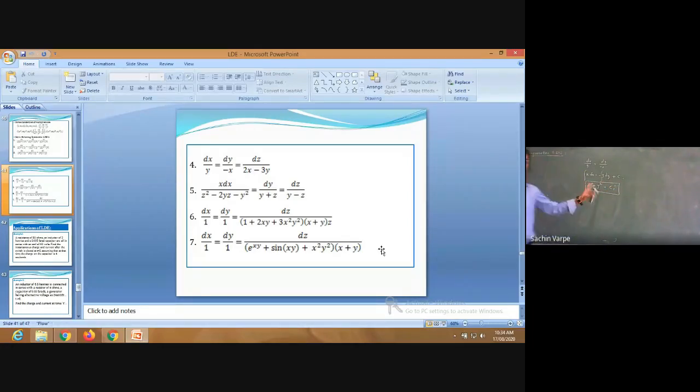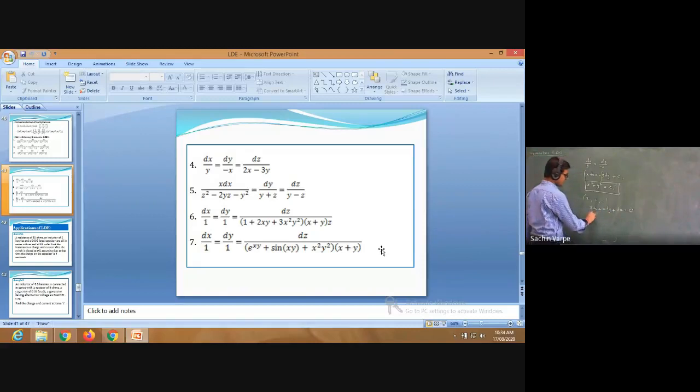Is it okay? Is it clear? Please check. The second solution. And what was the first one? The multipliers were 3, 2, 1. With this set of multipliers, the numerator becomes 3 dx plus 2 dy plus 1 dz is equal to 0.